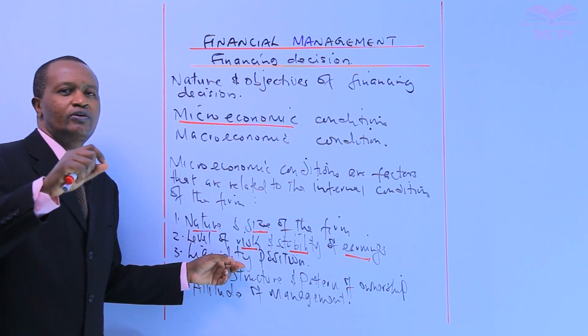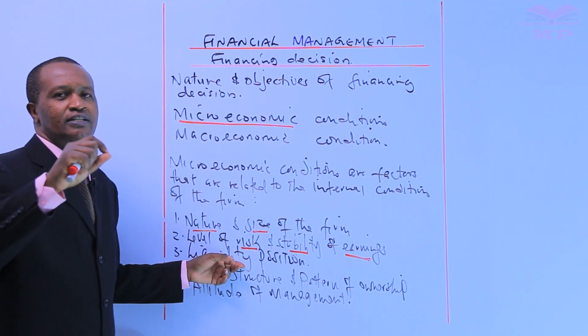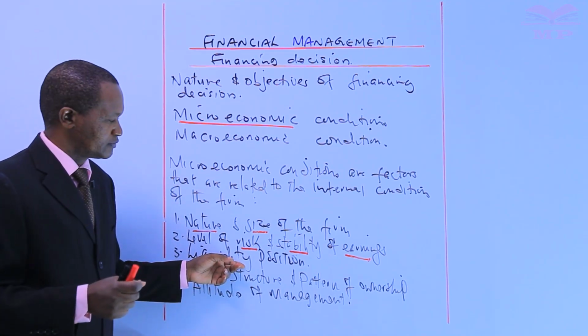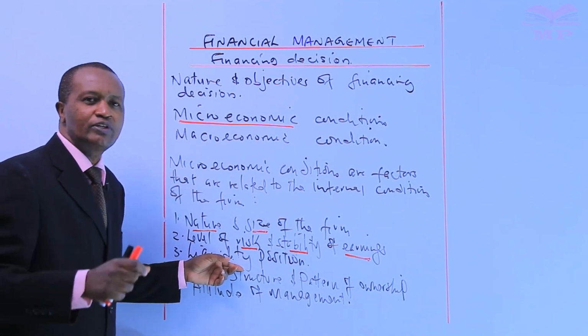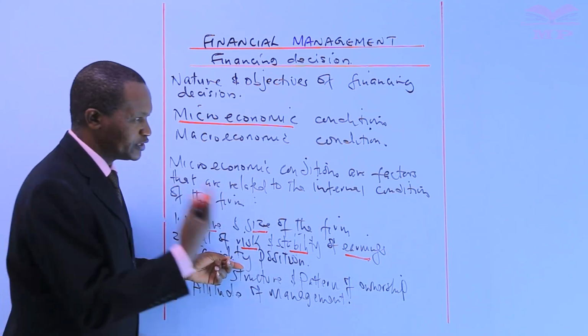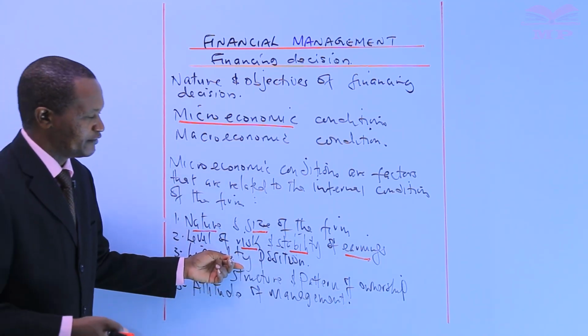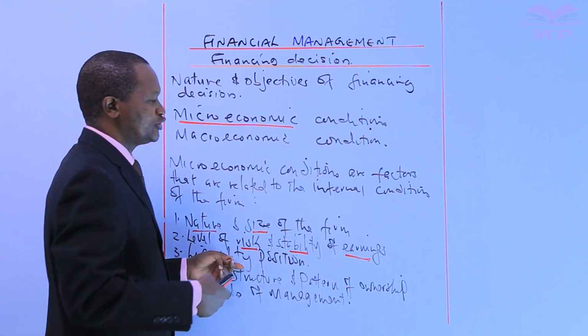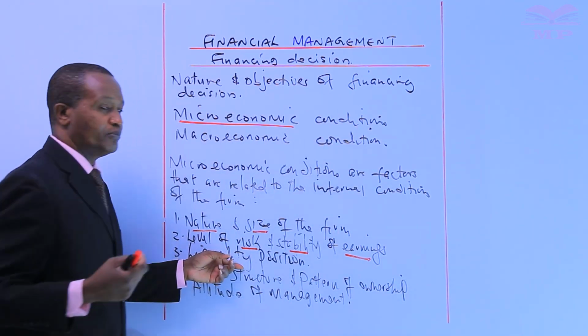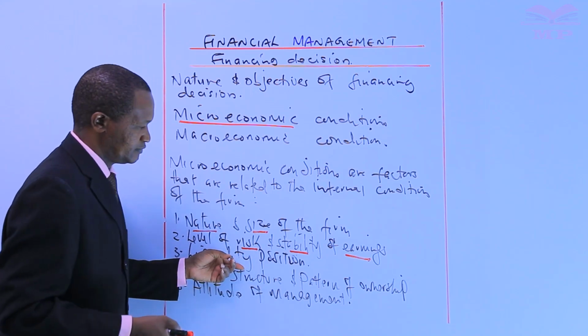So, candidates, because dividends are normally paid out of cash, firms with sound liquidity position can adopt a liberal dividend policy. Liberal dividend policy means that a firm distributes its earnings to the shareholders in form of dividends.